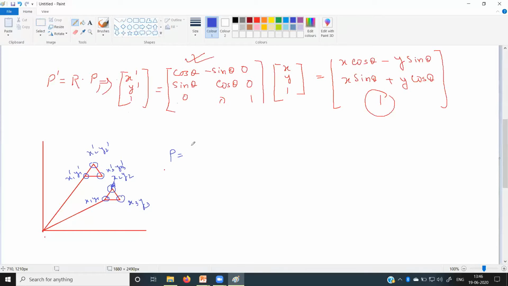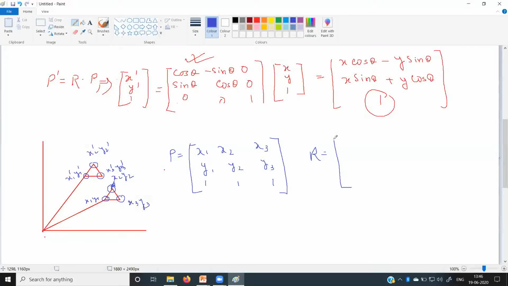So we can write P is nothing but set of points. So here P is x1, y1, 1, x2, y2, 1, and x3, y3, 1.